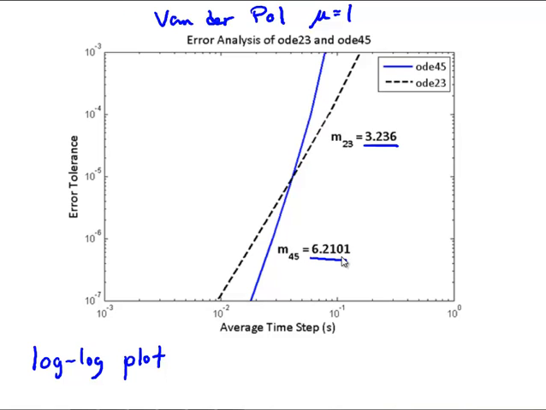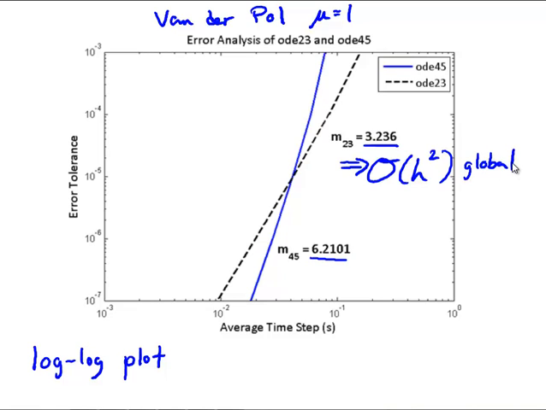These are local errors, so we would conclude from that slope that the solver acts globally as about order h squared, and that's global error behavior.